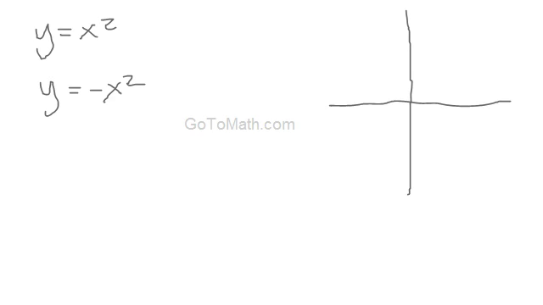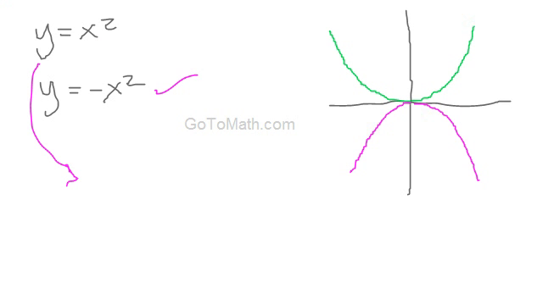Use a different color. Alright, so this is y is equal to x squared, and let's use a different color here, maybe purple. And this is y is equal to negative x squared. So as you can see here, they're both reflections of each other about the x-axis.